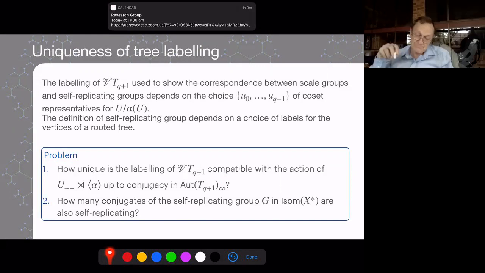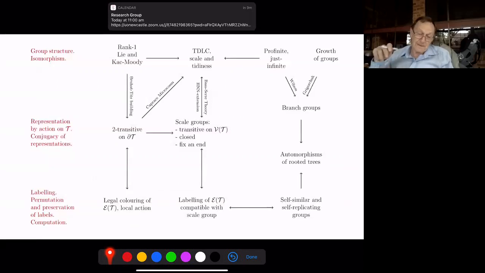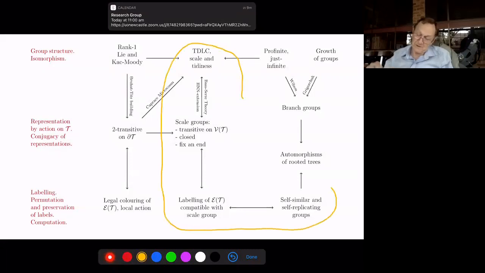And I think that's also an interesting question. So here now, I'm returning to this picture, and what I've talked about is this part of the diagram, the relationship between totally disconnected locally compact groups on the scale at one end and self-replicating groups at the other.